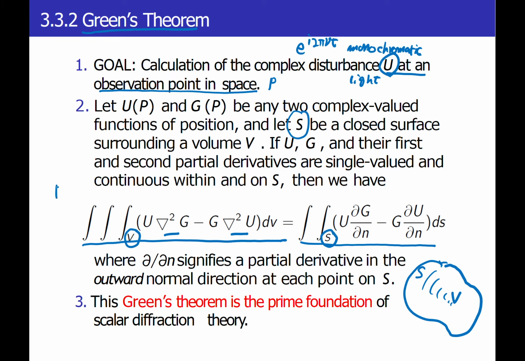There are Maxwell's equations for E and H, then wave equations for small u, and then for a monochromatic wave, U is the amplitude of small u, and we have the Helmholtz equations.